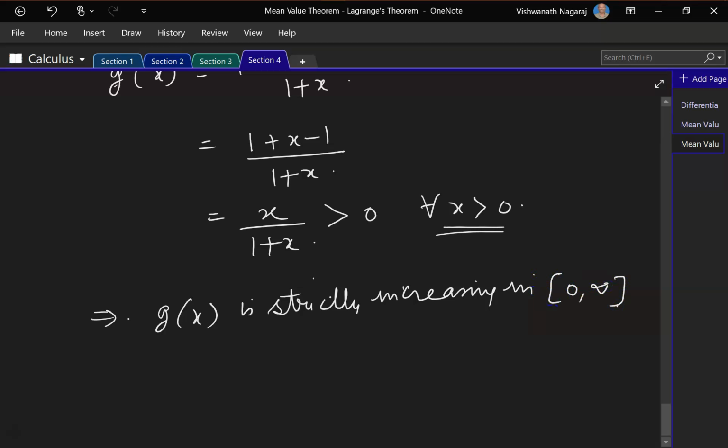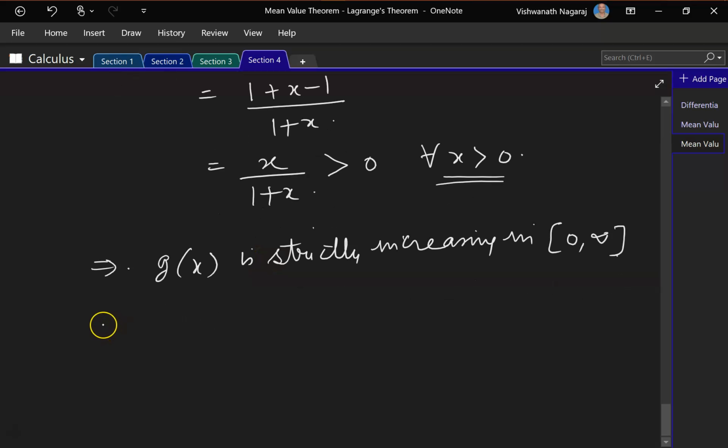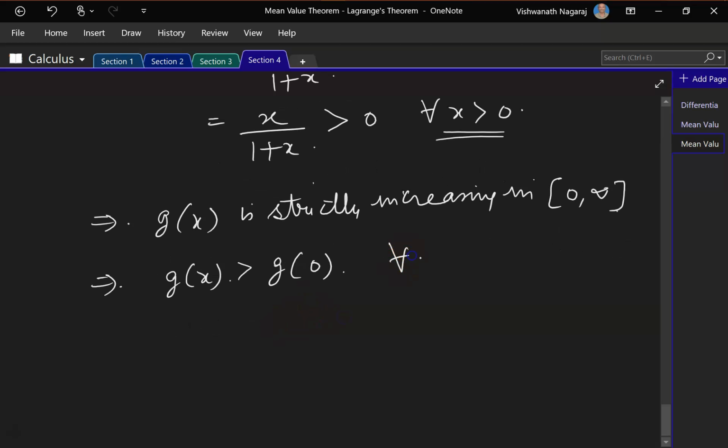Yes. Again, why? Because the denominator keeps on increasing. Numerator also increases, but it is always slightly bigger. Okay. Which implies g of x is going to be greater than g of 0 for all values of x greater than 0.